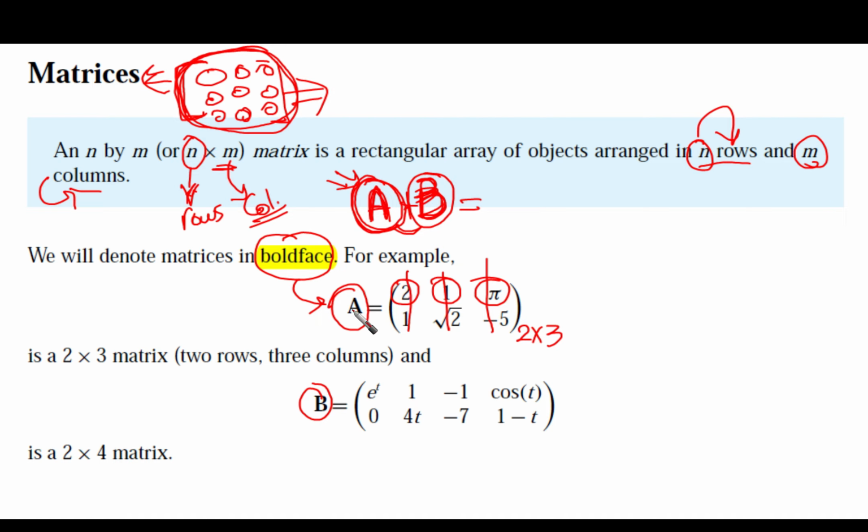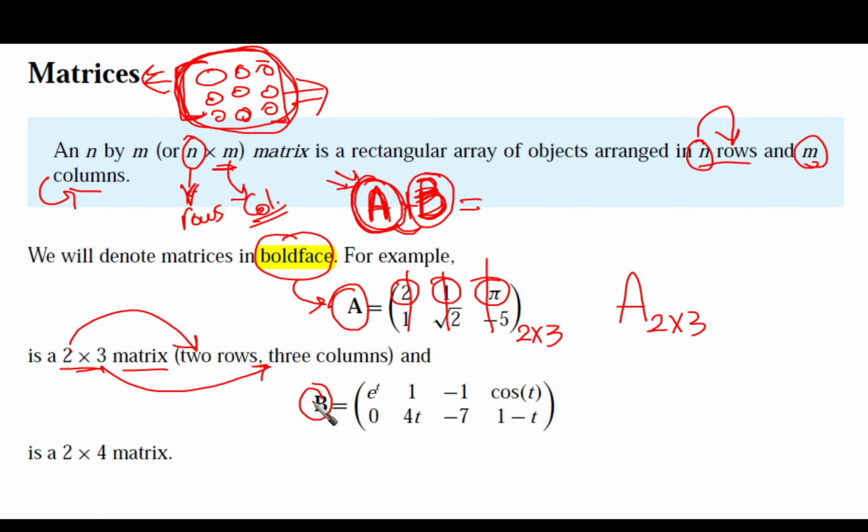Now this matrix, as we said, we can say is a 2 by 3 matrix. This signifies that we have 2 rows and 3 columns.